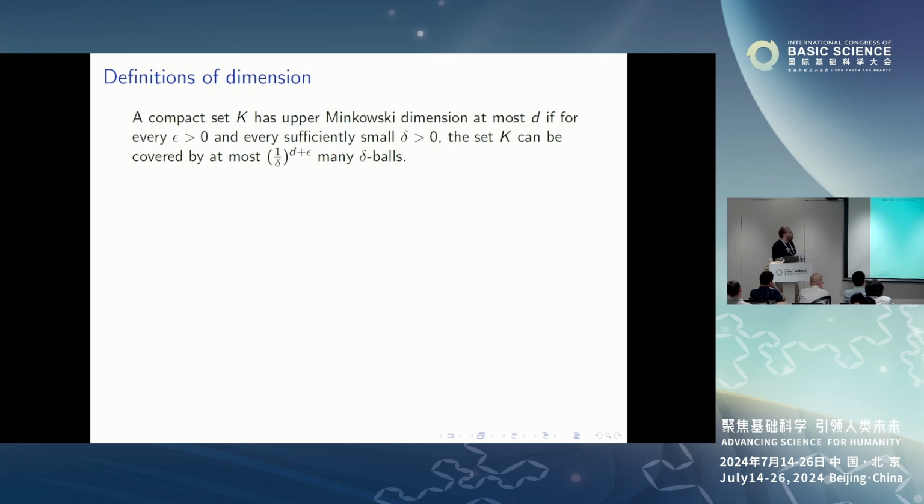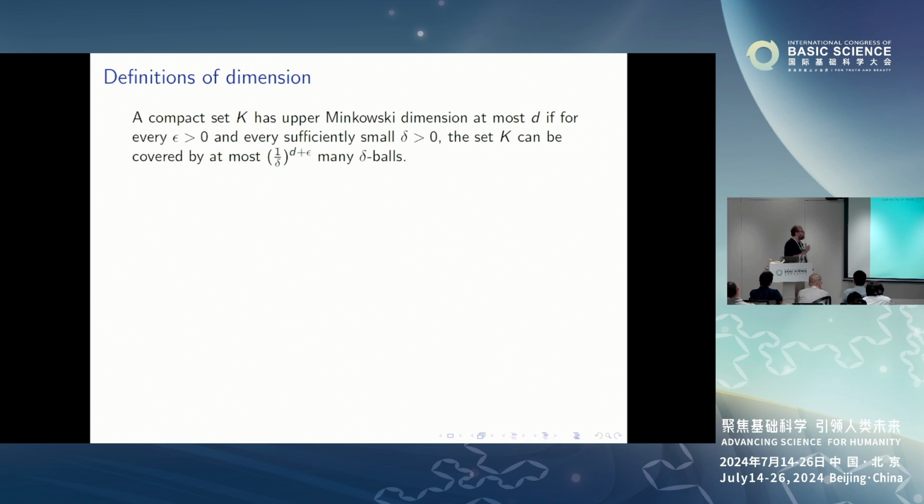So now I want to spend one slide talking about definitions of dimension, which is a slightly technical subject. A compact set K has upper Minkowski dimension at most d if for every epsilon greater than 0 and every sufficiently small delta greater than 0, which I should have pointed out is at this point allowed to depend on epsilon, we can cover the set by at most 1 over delta to the d plus epsilon many delta balls.